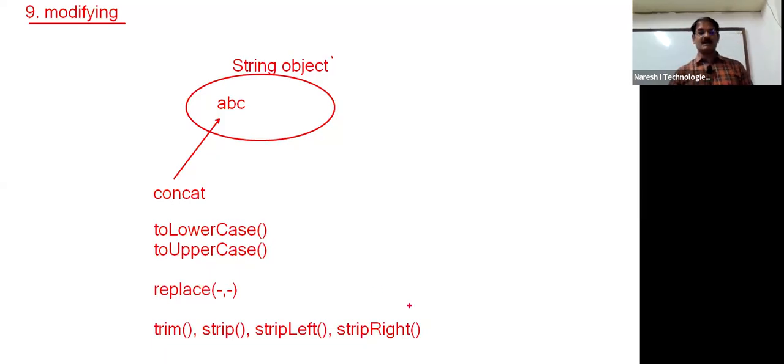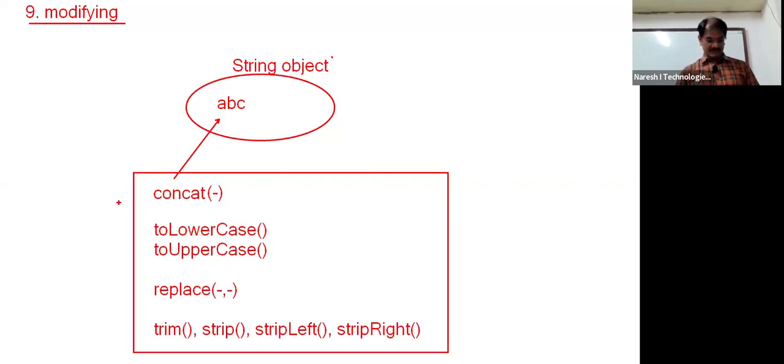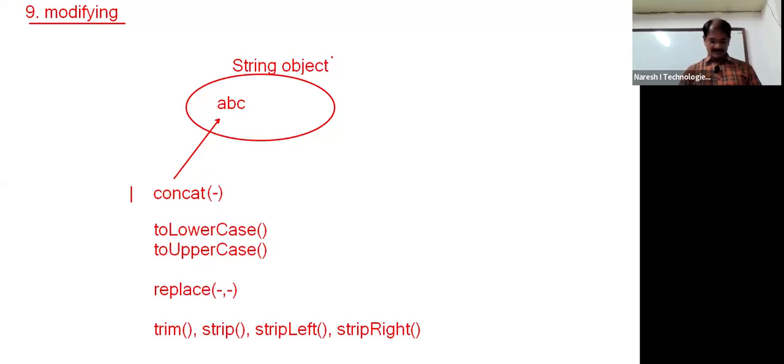So these methods are the most important methods which will modify the given string. So how many modification operations are there? Number one, concat. For the concatenation operation, I also have the method join.